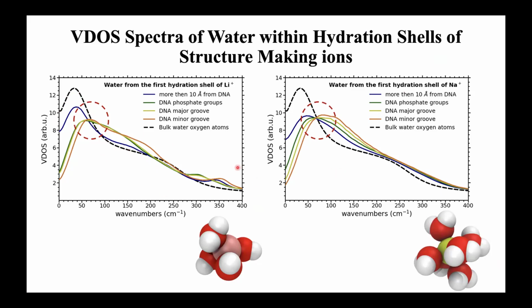The data that I presented now corresponds to the structure-making ions, and our analysis revealed that the vibrational spectra of water are shifted towards higher frequencies, with the most pronounced shift observed in the case of the ions which are located in the minor groove. Additionally, what is important and interesting is that we observe an isosbestic point that appears at about 70 inverse centimeters.